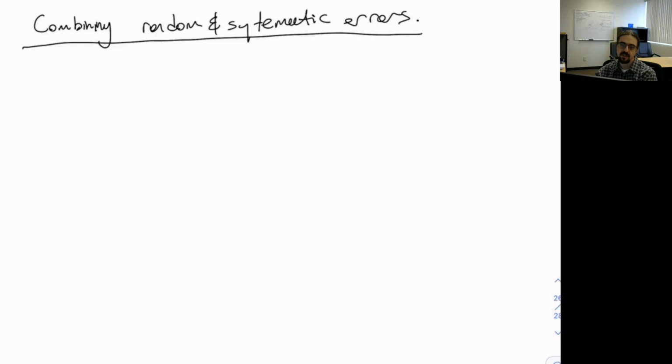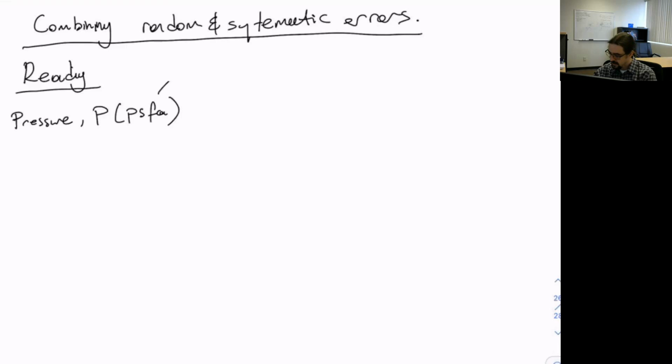Let's say I am trying to read two things, pressure and temperature, from two different sensors. I do pressure, which I'm going to call P, and the units are PSFA, which is also given as pounds per square foot.